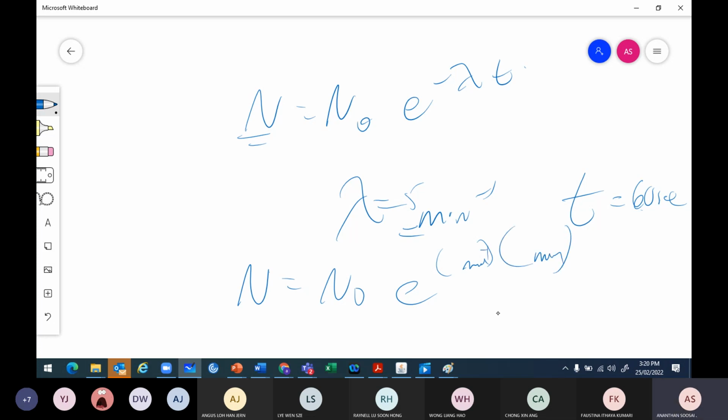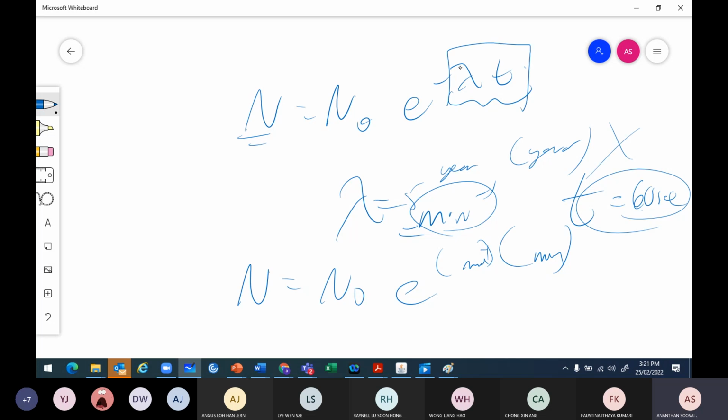Okay, that's the common trap here. The lambda and t time units must be the same. If lambda is per minute, time must be in minutes. If lambda is per year, then time you also have to put in years. Don't mix up. One convenience here is that for lambda t you can use any unit you like, not like A equals lambda n, where lambda has to be per second.